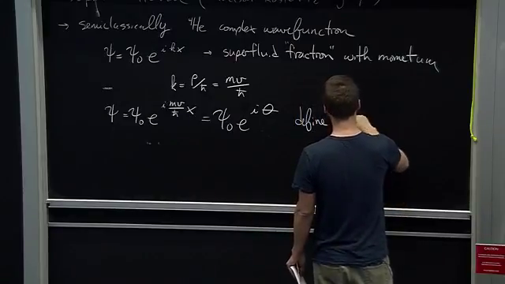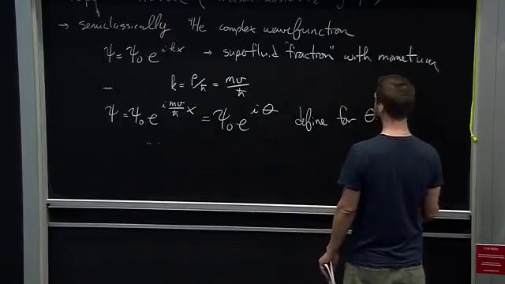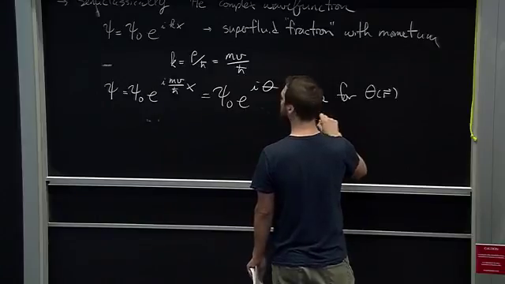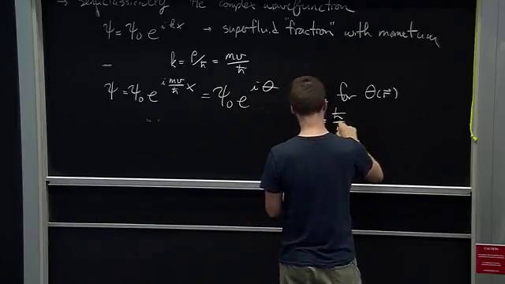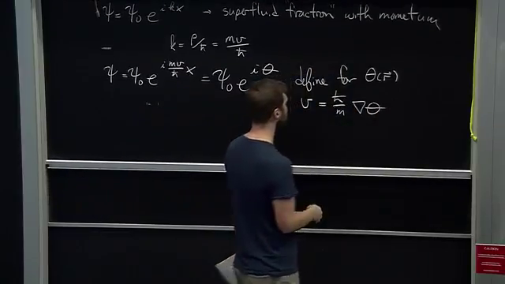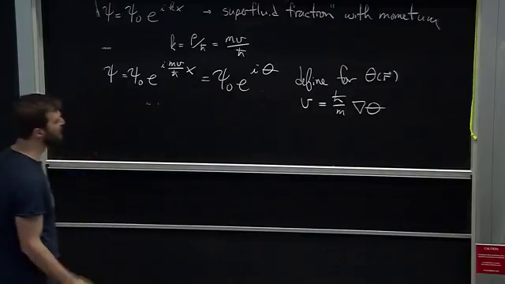So for, let's say, theta of r, because we need it in 2D, then I'll say v equals h bar over m grad theta. So we'll use that more and more.